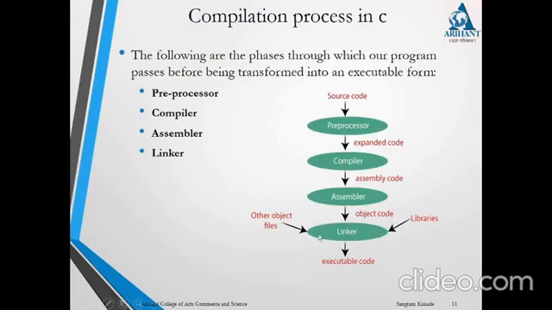Then the linker links your object code with other files' object code if necessary. If necessary, it is not compulsory. If you have used a function from any other file, then it will definitely do it. And lastly, it will create the executable code. Now you are in a position to execute.